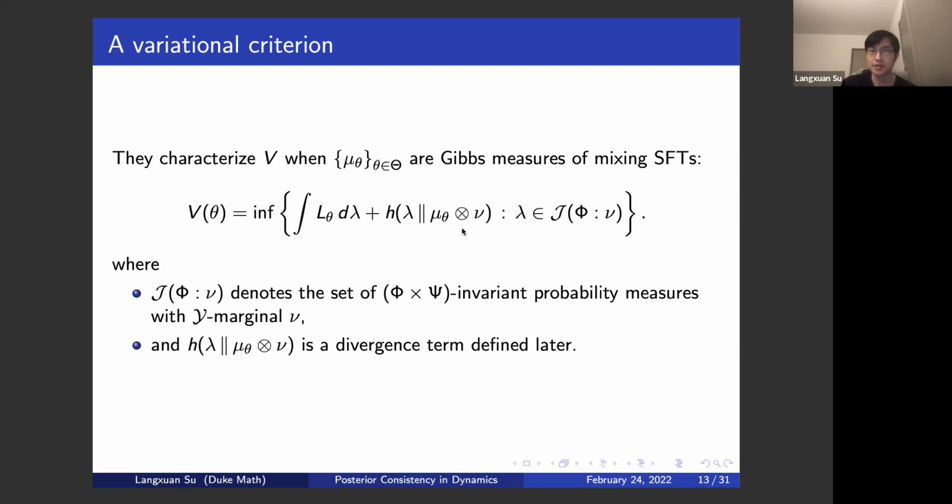It's a divergence that's specific to the dynamical system. So you may want to guess that this may be the KL divergence, the classical relative entropy.